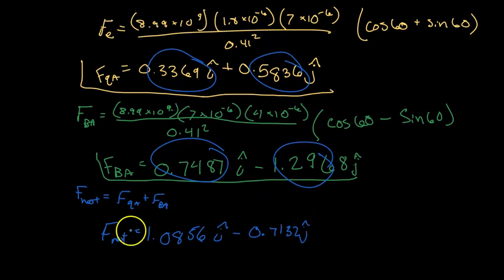To find the actual force, we'll use the Pythagorean theorem: 1.0856 squared plus 0.7132 squared.